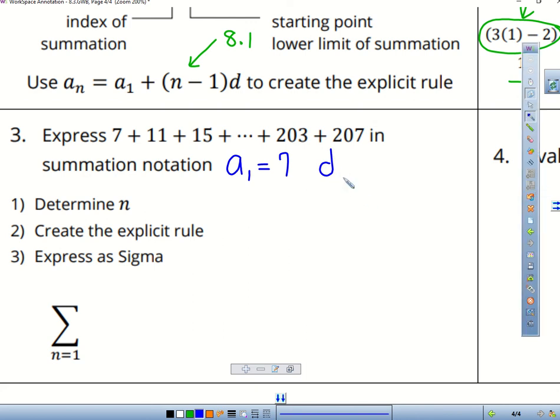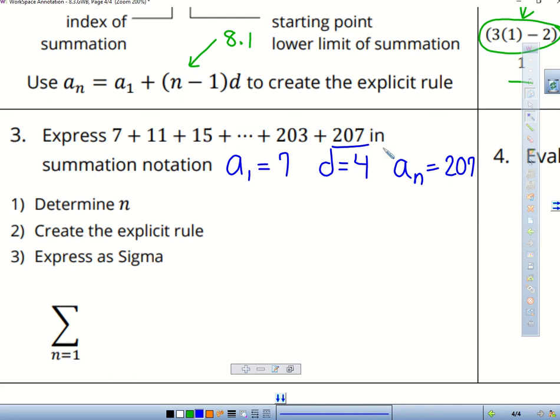Which is what? 4. Good. Everybody see why the common difference is 4? It's going up by 4 each time. And then a sub n represents your last term, which is what? 207. Now we don't know what that last term is yet, so we don't know what n is, but we do know that the term itself is 107.